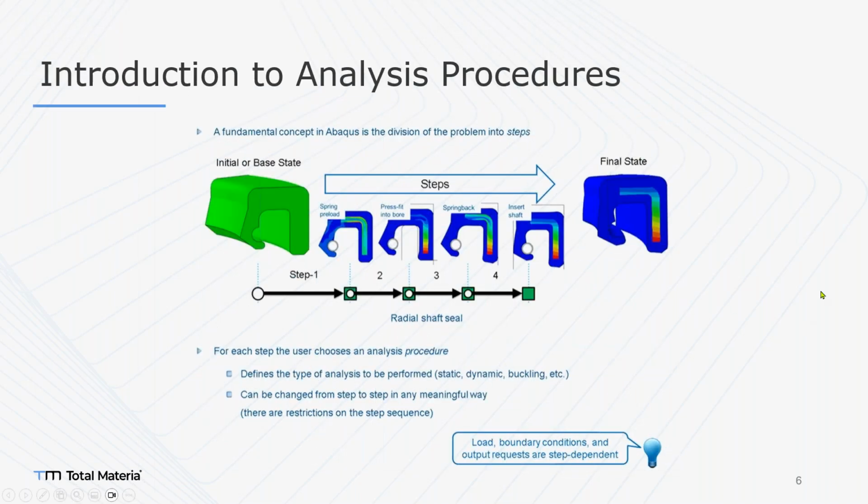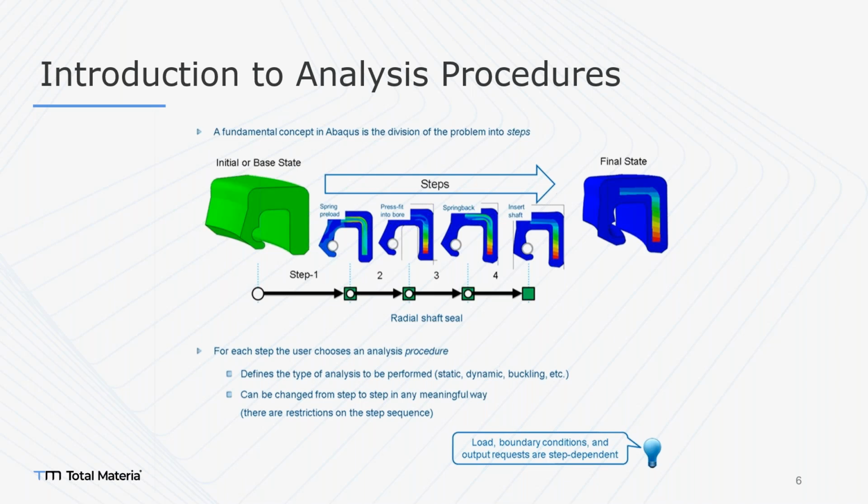We also have some steps where you can consider historical events on your part or assembly system. You may have a preload or some springback afterwards, but you need to consider which part is really important for you.